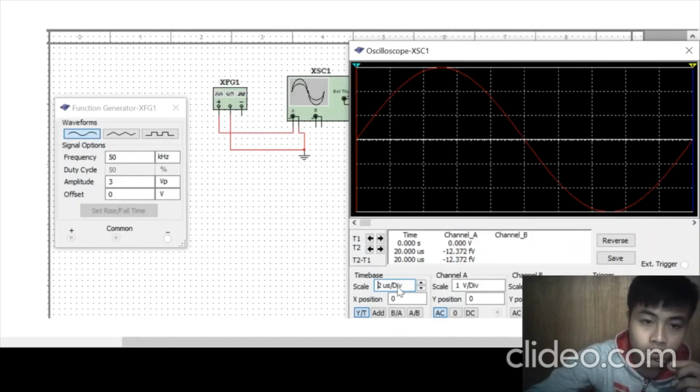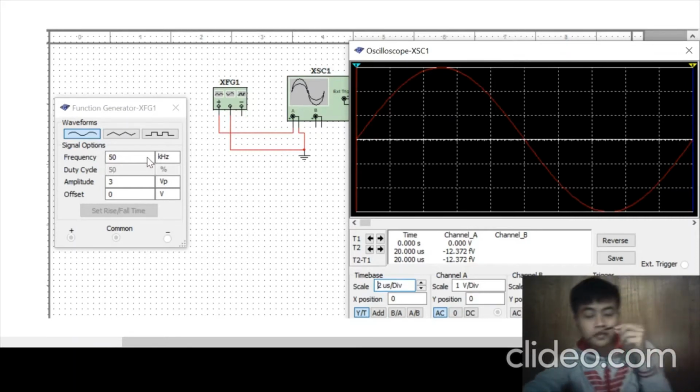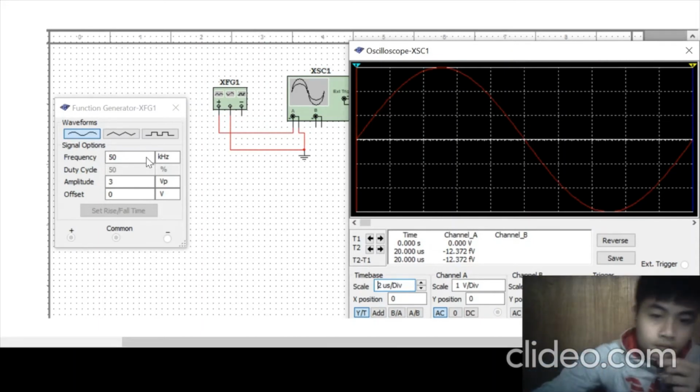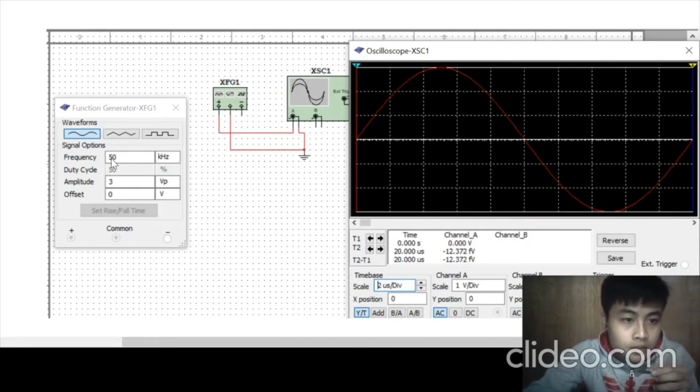Okay, here I will explain by picture. Just now we already set the frequency as 50 kilohertz, taking the example from the left port, with amplitude 3 volt peak.